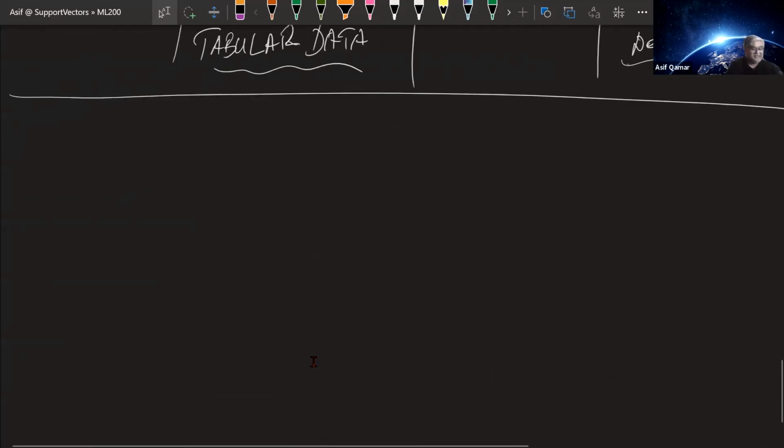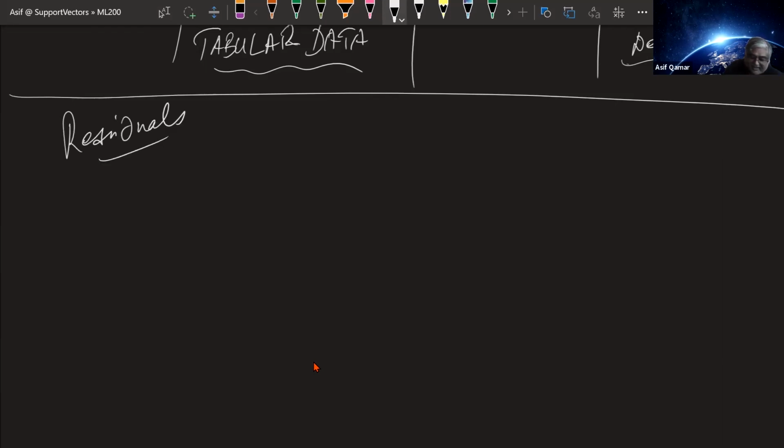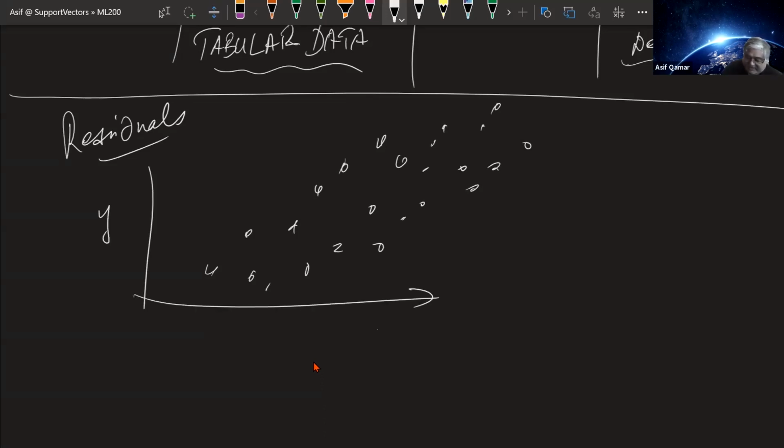That's a basic question. Now I'll ask a question. Suppose you have data. We'll talk about a concept called residuals, or understanding errors. So suppose I have data points like this. First of all, you try to predict Y based on X. Is this a problem?